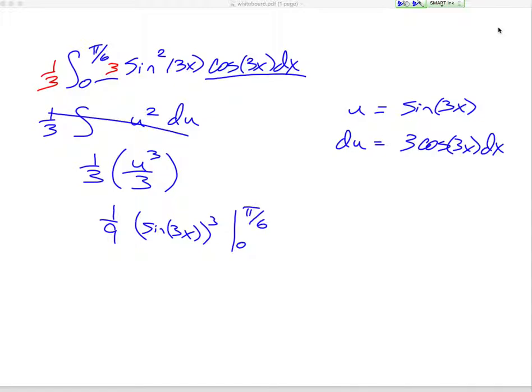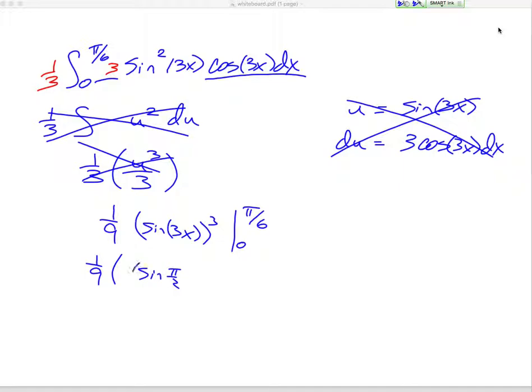And then go back in and cancel or mark out. So 1/9, plug in pi over 6, that turns into pi over 2. So sine of pi over 2 cubed. Plug in 0, so that's sine of 0 cubed.